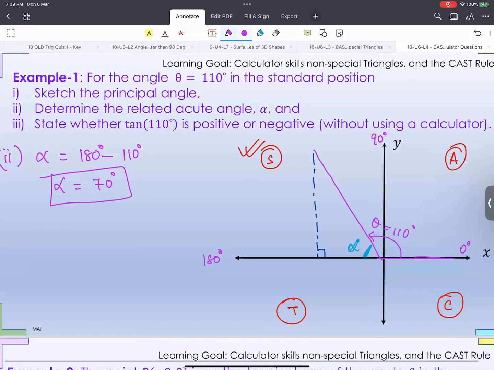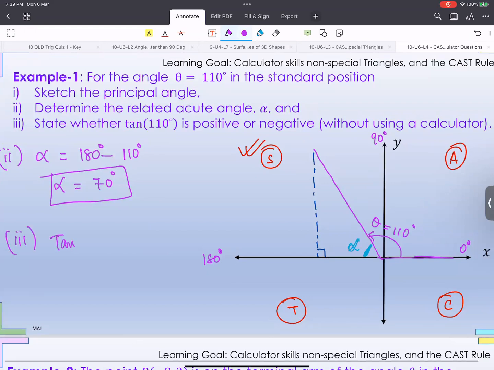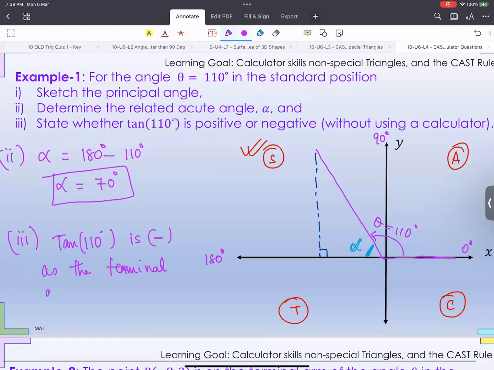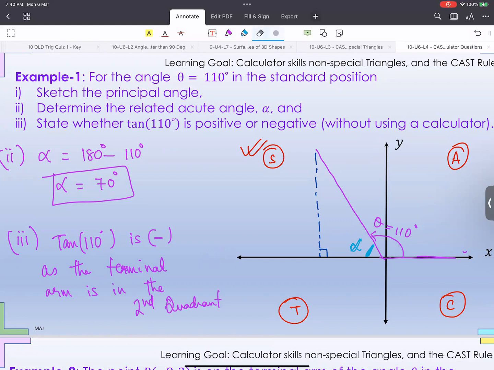Tan 110 is negative as the terminal arm is in the second quadrant. You don't even have to write all of these details. All you have to say is positive or negative, okay? I've gone a little beyond state. When they say state, you don't have to give any reasons.